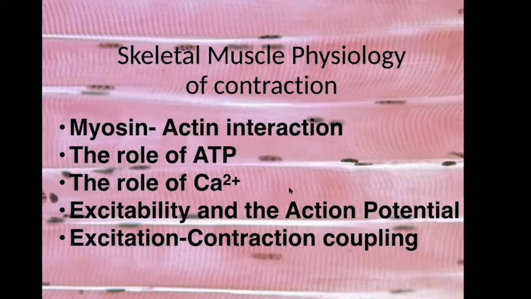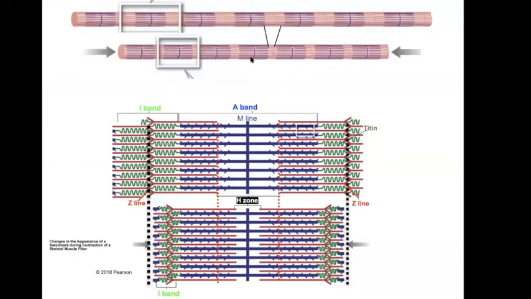So here are all the structures we went over: the I band, which had the Z line, or Z disc, in the middle. I keep saying Z line or Z disc; they mean the same thing. From Z line to Z line is the sarcomere, and off the Z line were the actin filaments on each side.